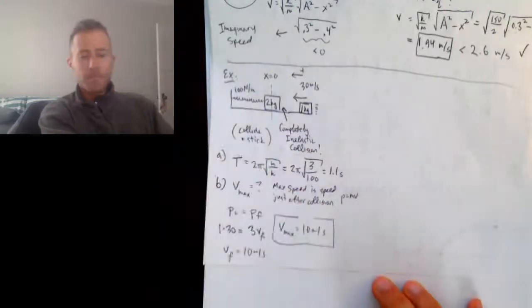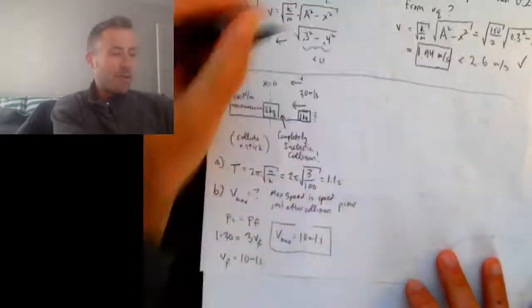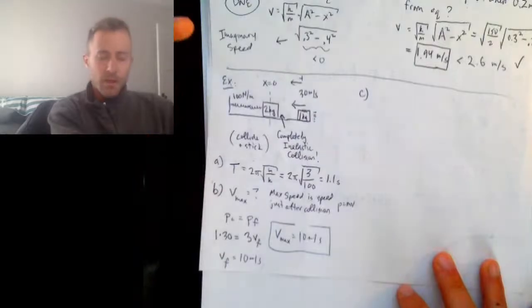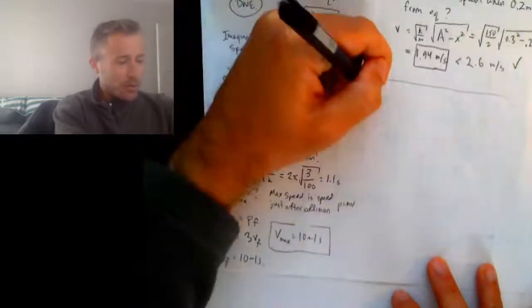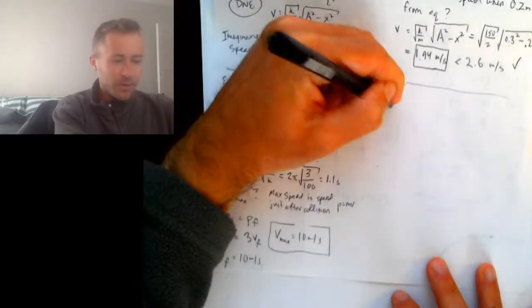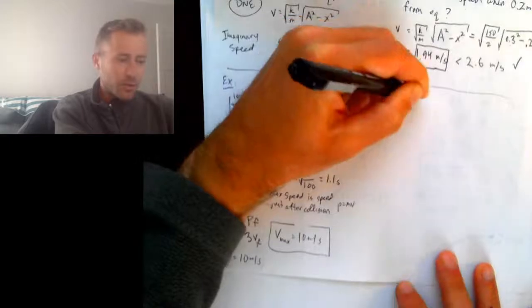All right? So now, what if I wanted to determine the amplitude of the resulting simple harmonic motion? Well, again, I would go to my equation for Vmax equals root k over m times A. So this equation goes both ways.